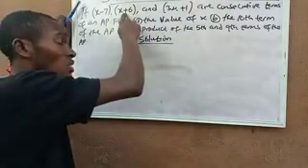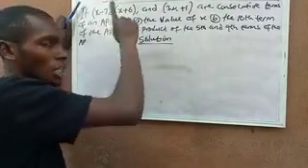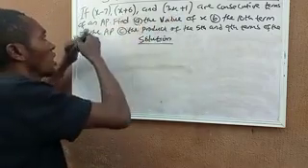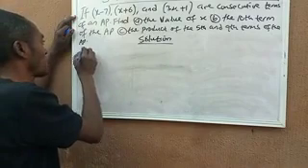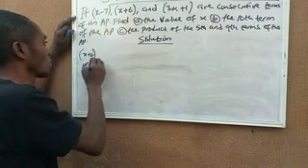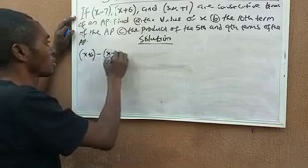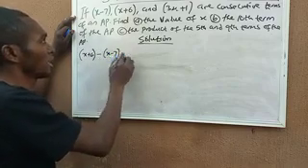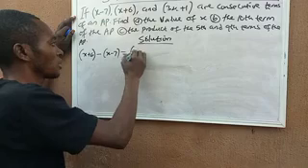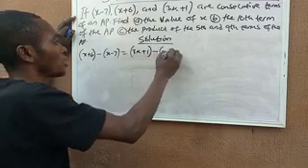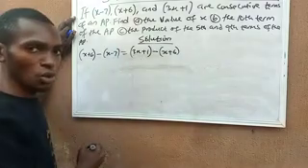We have (x plus 6) minus (x minus 7) equals the same thing as this in a bracket minus this in a bracket. This is what we have.